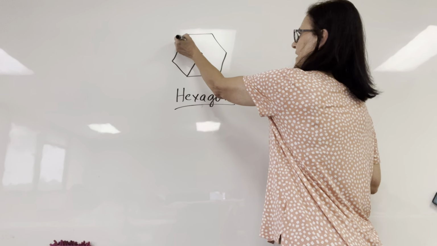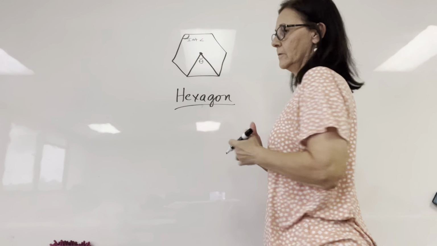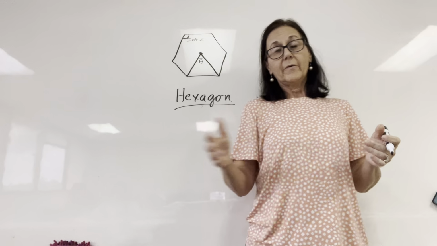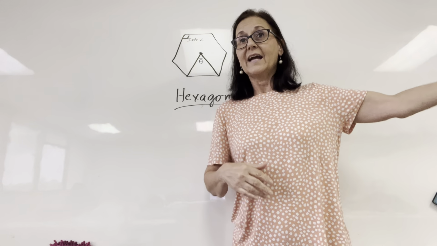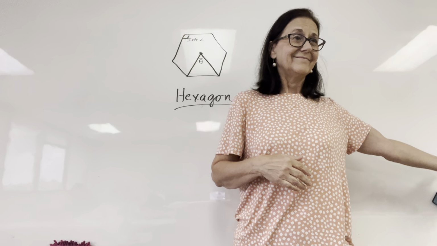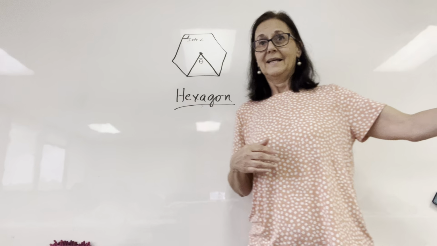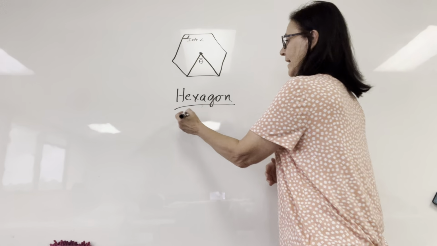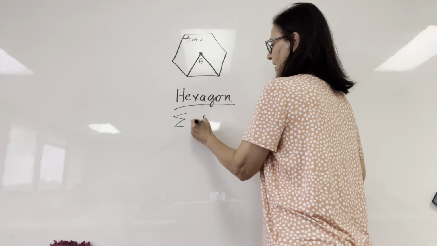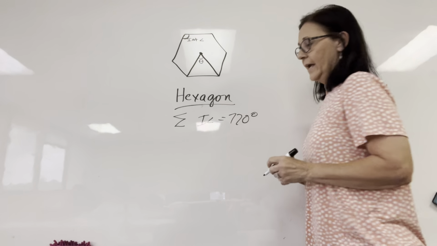I'm going to label it interior angle. If a pentagon is 540, then a hexagon is? Do that mental math quickly. 720, right? So the sum of the interior angles has to equal 720 degrees.